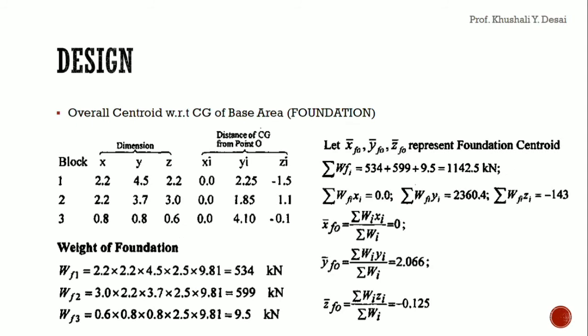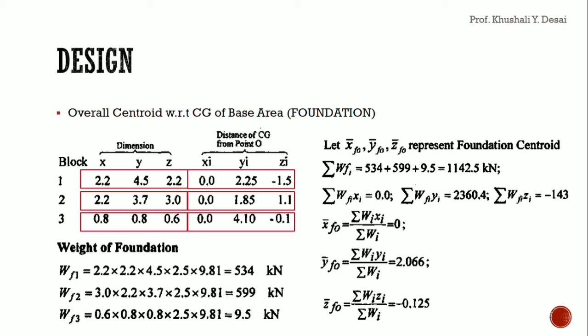So to find out CG of foundation, these three are nothing but the dimensions given of block 1, 2 and 3, which are in the given data. So CG from point O are these. As we just discussed for 1, 2 and 3, the Yi was 4500 by 2, which is 2.25.